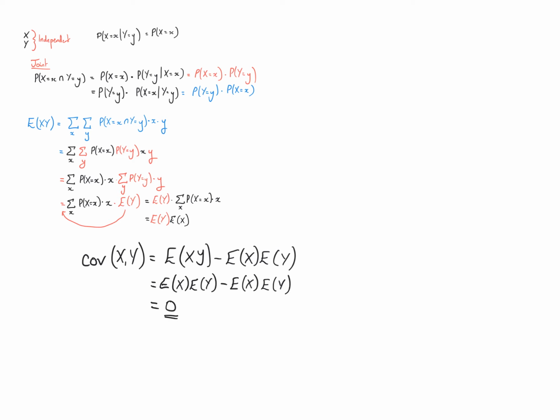So if two random variables are independent, it must follow that the covariance is equal to 0, and also the correlation between x and y, which remember is equal to the covariance between x and y over the square root of the product of the variances, is also going to be equal to 0.